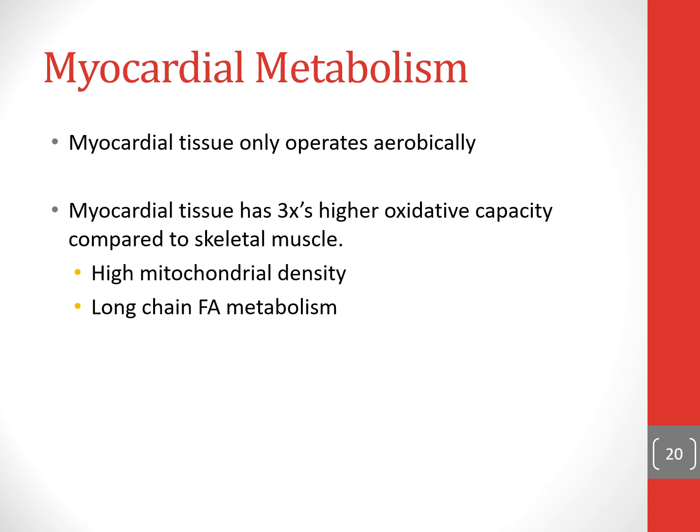So it has a high mitochondrial density, related to the mitochondria serving as the powerhouse of the cell, or the location for aerobic metabolism to occur. Also, long-chain fatty acid metabolism is enhanced in these particular cells. So we can use fats as a fuel. We also are very effective at aerobic or endurance types of metabolism in this particular area.